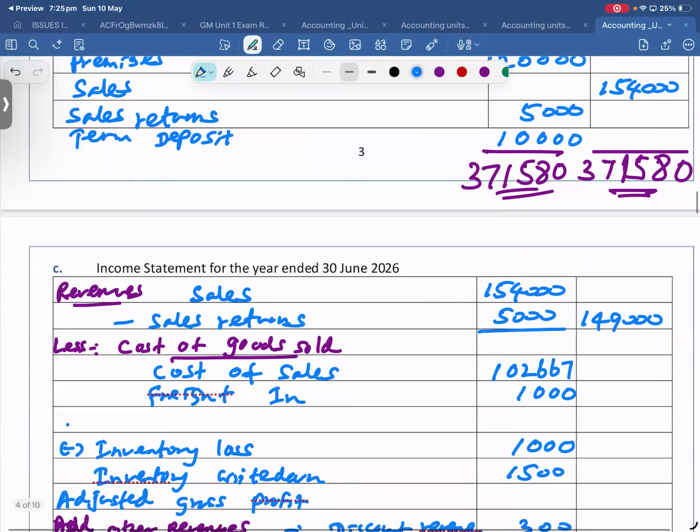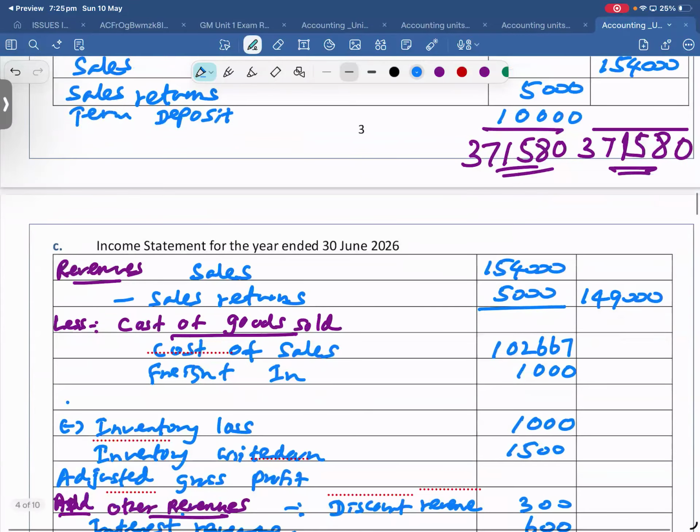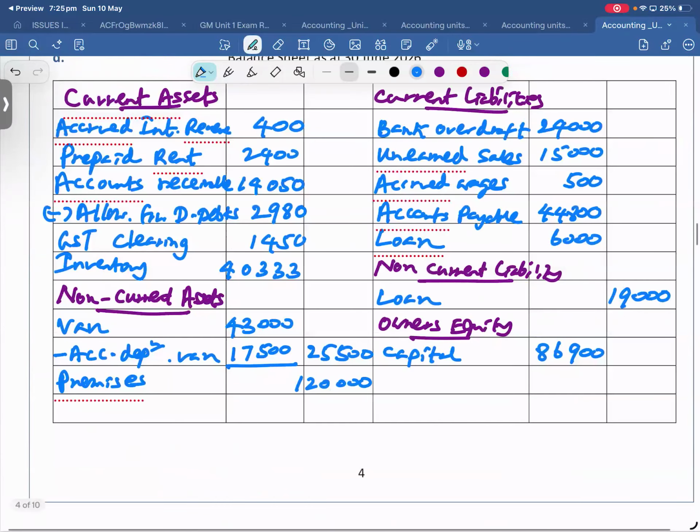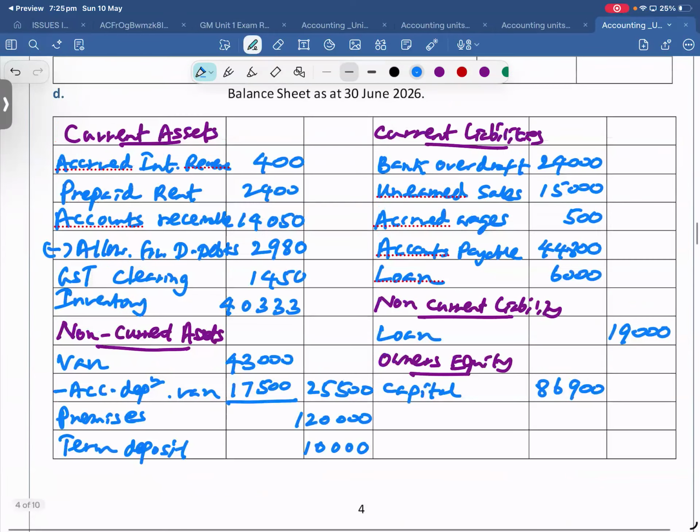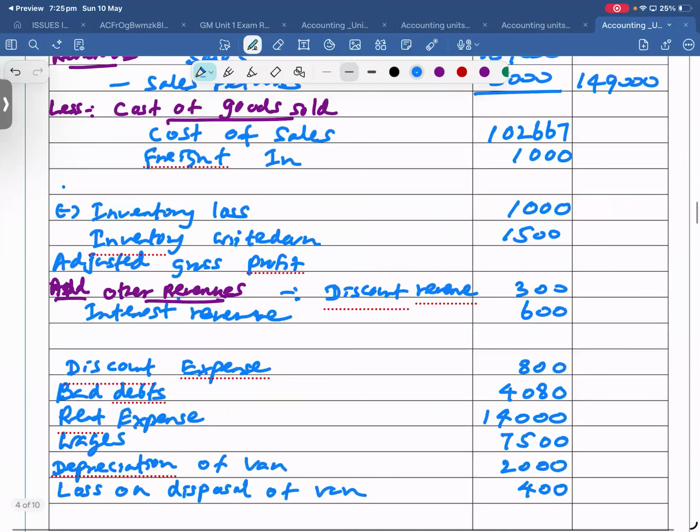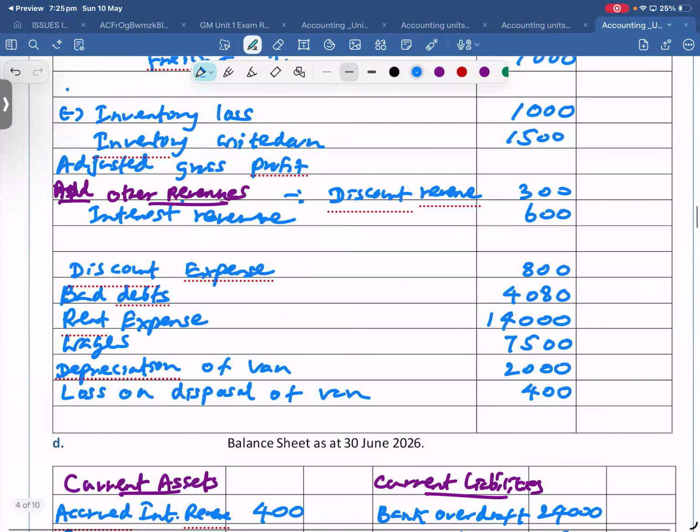What is it, guys? Current or non-current? Non-current. Term deposit 10,000. Yeah, that's it. Now it's a matter of adding and subtracting. And before that, we have right here, what is it? Less other expenses.